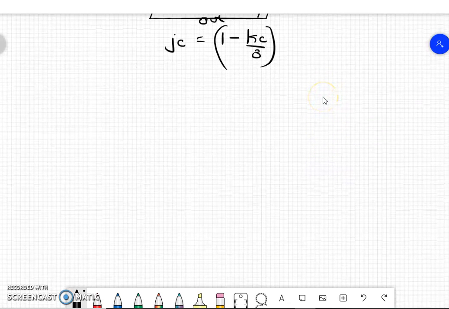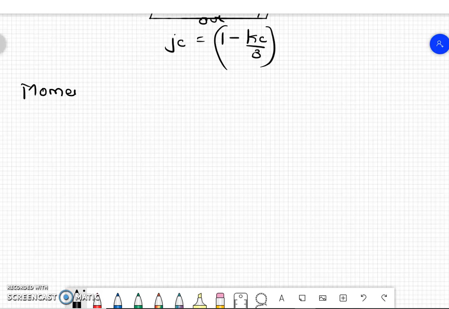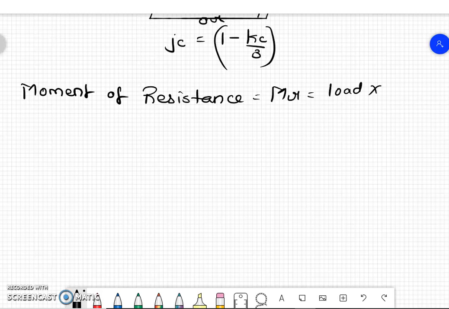What is moment? Moment of resistance, that is Mr, is equal to load or force into perpendicular distance. This everyone knows, it's common.